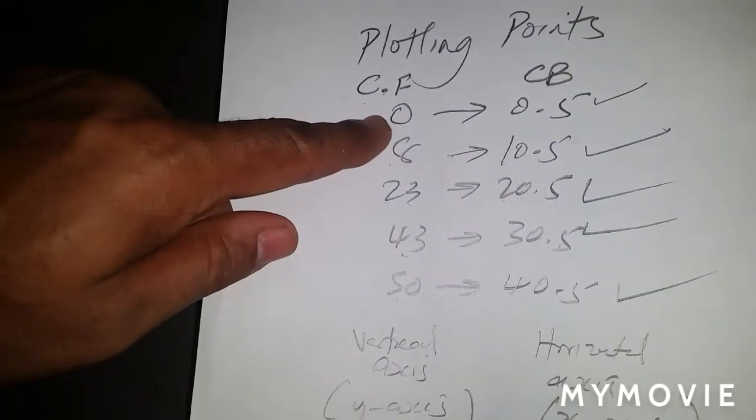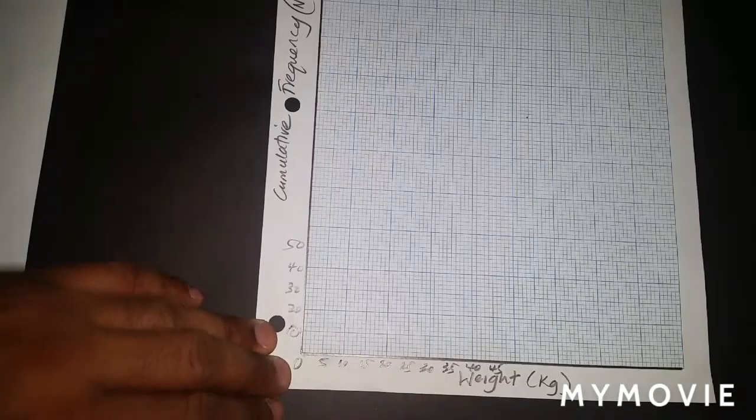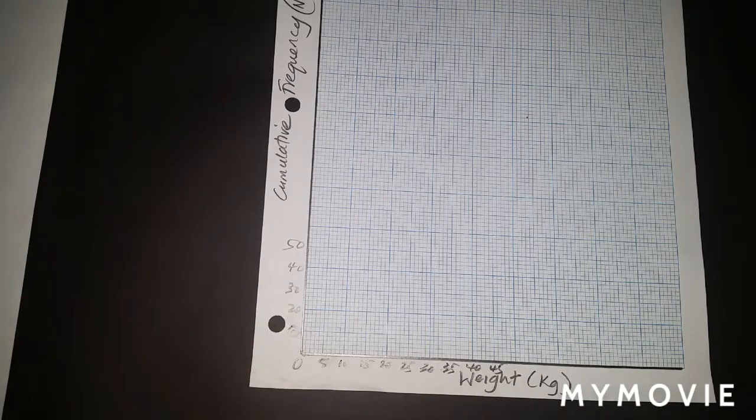So first we're going to plot 0 against 0.5. So 0 against 0.5 would be, I think what I want to do here is use the pen, because the pen is a little bit brighter to emphasize the values. All right. So you usually use pencil, but I'm just going to use a pen to emphasize it a little bit.